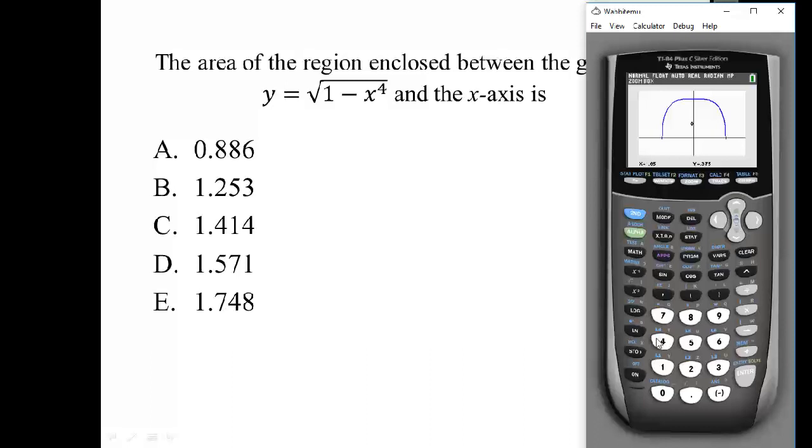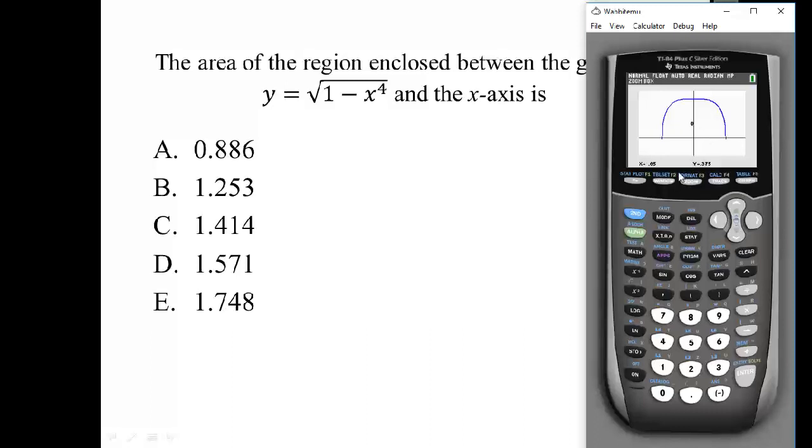All right, now don't be mistaken, this is not a circle because of the x to the fourth. If it was minus x squared, then it would be a semicircle, and this is not a semicircle because of the x to the fourth, and you can see it's pretty obvious.